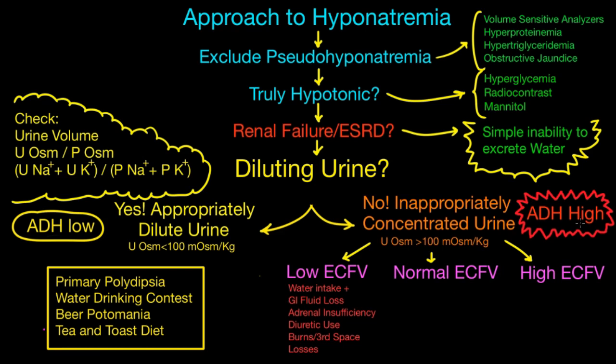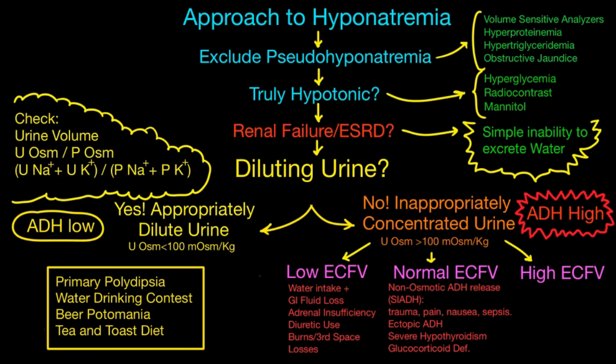So as long as ADH is very high, they will retain that water and develop hyponatremia. Also, adrenal insufficiency, diuretic use, or severe burns with third space fluid losses. Any cause of isotonic fluid loss with replacement with maybe pure water will result in hypovolemic hyponatremia.